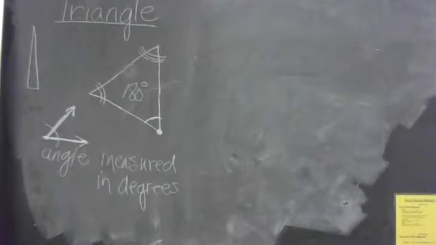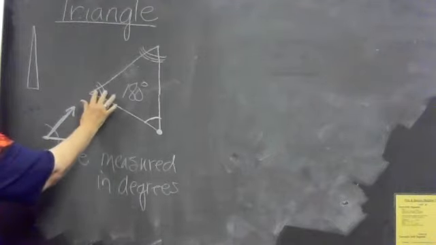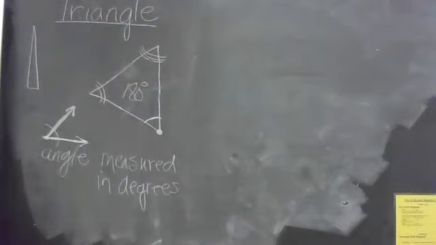So these tick marks like this indicate an angle. Now we can name angles.